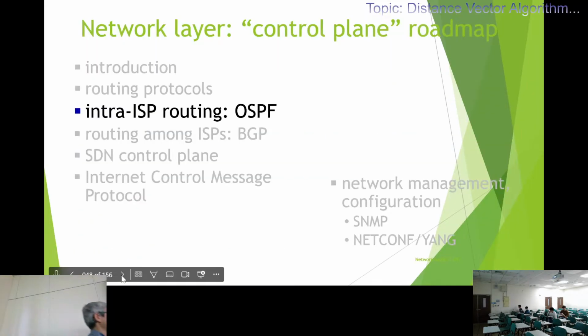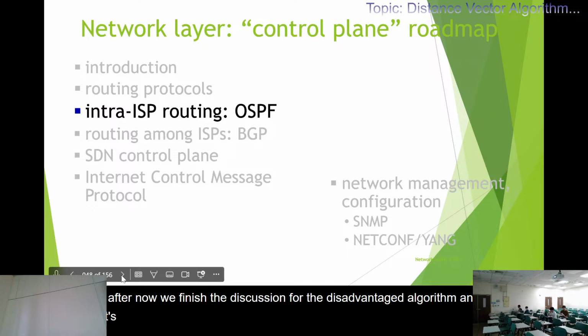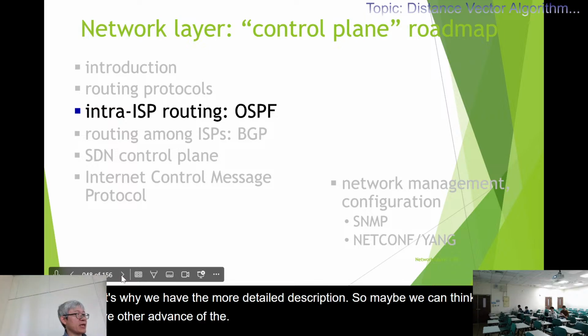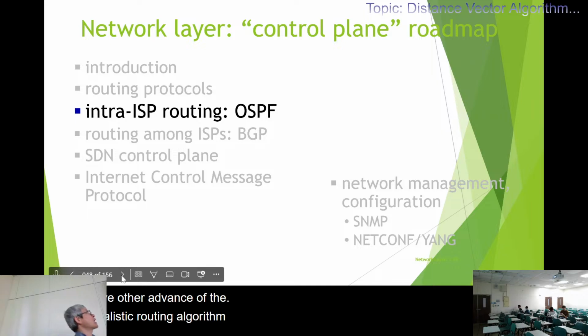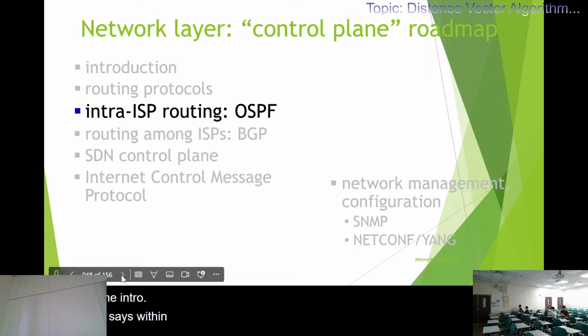Up to now, we finished the discussion of the distance vector algorithm. Next, we will have a more detailed description, of what you can think of as the advanced or realistic routing algorithms. We will have two categories. The first category is intra, which means within the subnet.